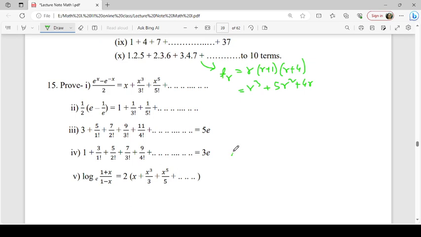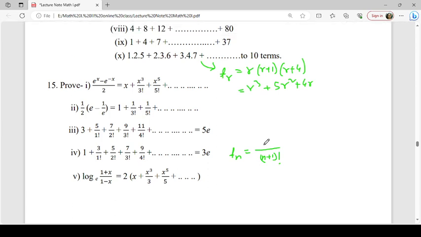So Tn is equal to, with denominator n minus 1 factorial, and the numerator is 1, 3, 5, 7: 2 into 2 minus 1, 2 into 3 minus 1, that is twice n minus 1.